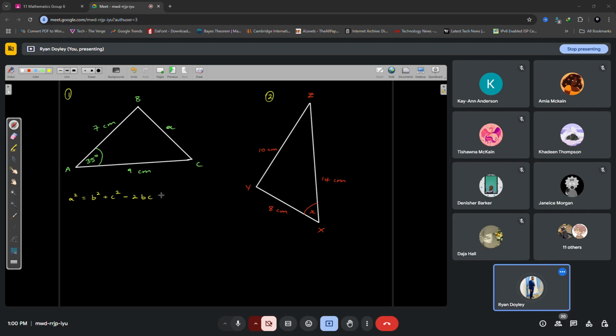What goes here? cos A. All right, so let's substitute the values. So that's 9 squared plus 7 squared minus 2 times 9 times 7 cos 35. Right, so when you do all of that, what do we get?